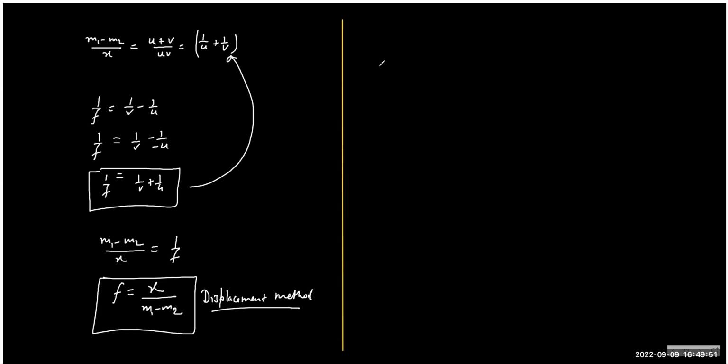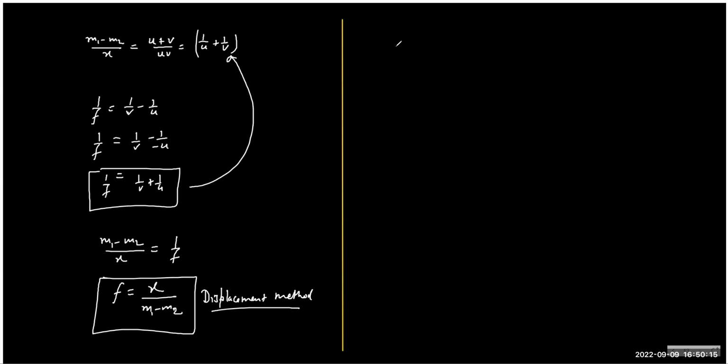Because we can see this image on the screen, we can see the object in reality, we can take the ratio, we can know the M1 M2. So generally M1 M2 is a nice way of writing. Why they write this way and they're very happy about it, I don't know. But this is how it is written in various texts. So F equals to X by M1 minus M2.